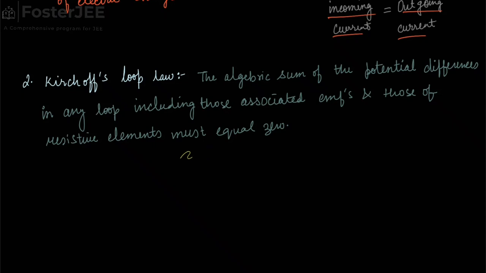Mathematically, we can say that the summation of potential differences across a closed loop is 0.